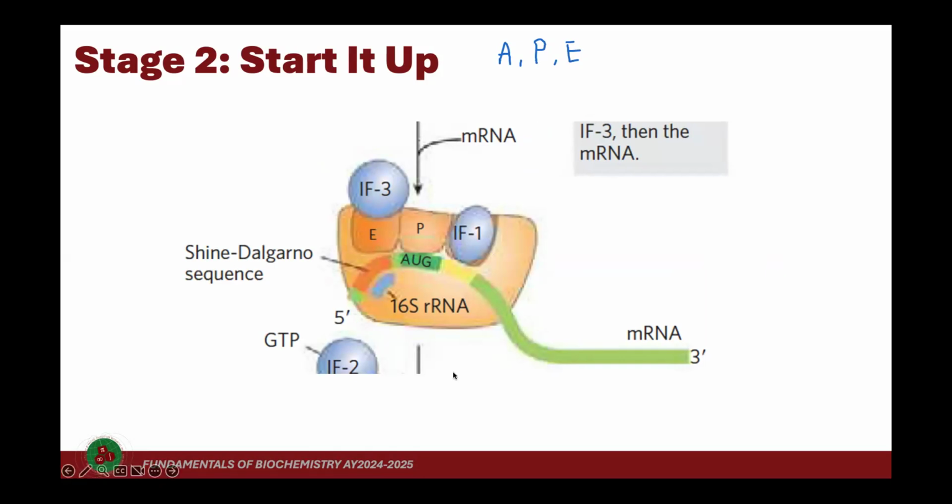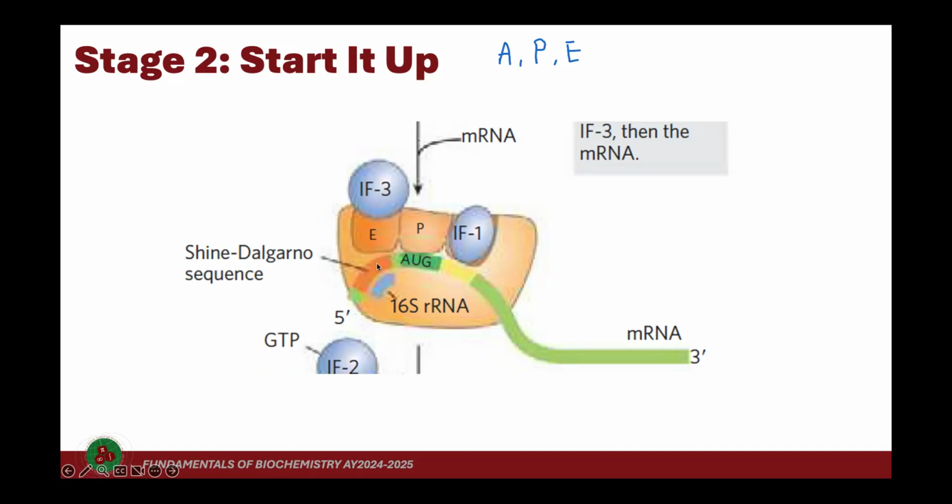Okay, so how does the cell know, or how does the ribosome know? By the way, this is just the 30S or the small subunit of your ribosome. So the ribosome is not yet complete at this point. We have what we call the Shine-Dalgarno sequence, which is upstream of the start codon. This Shine-Dalgarno sequence interacts with the 3' end of the 16S rRNA in the small subunit of your ribosome.